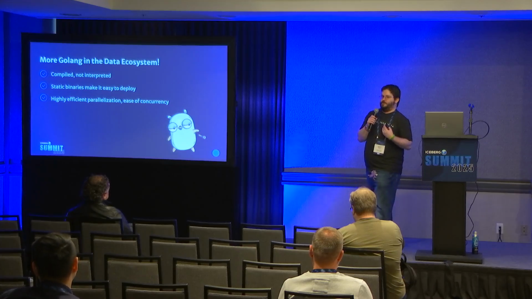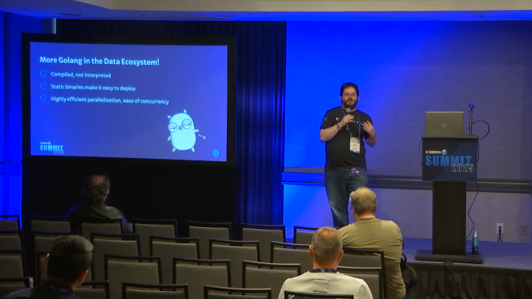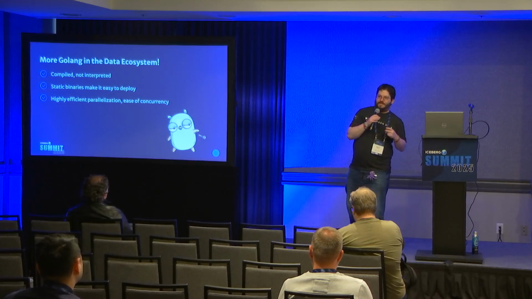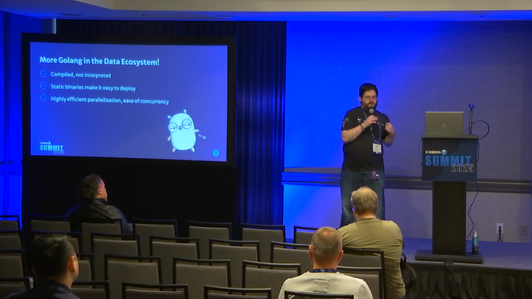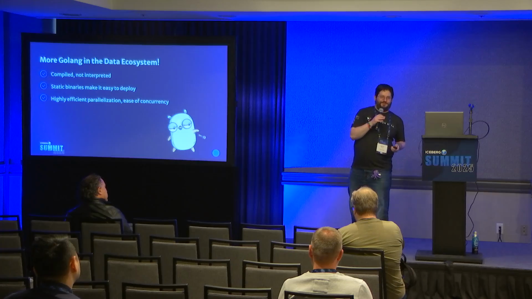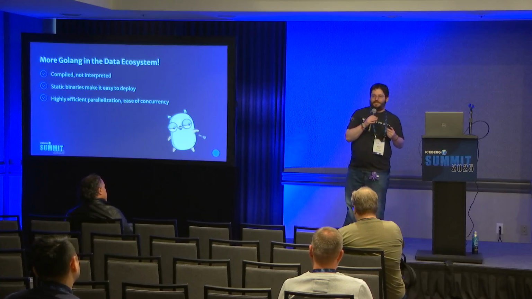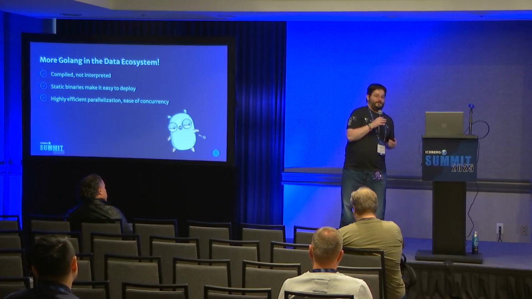But the other thing I love about Iceberg Go itself is that it gets more usage of Go in the ecosystem. Python is obviously the go-to for the data ecosystem currently, but Python is also slow unless you're using compiled modules and dropping down to C and Rust, etc. Go has all the benefits of concurrency and all the primitives I mentioned earlier, but you don't often see it as much in the data ecosystem as I would love to.